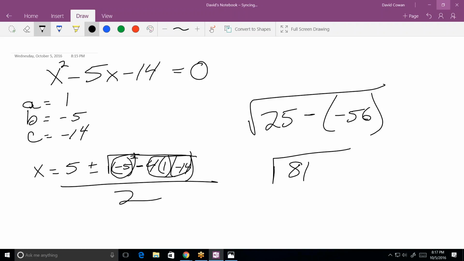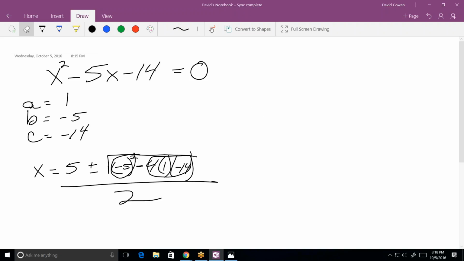That's equal to the square root of 81, which is 9. But I can't emphasize this enough, if you tried to do all of that in one step, it's really, really easy to make a mistake. So always do that part first, that part second, and then subtract the two numbers.